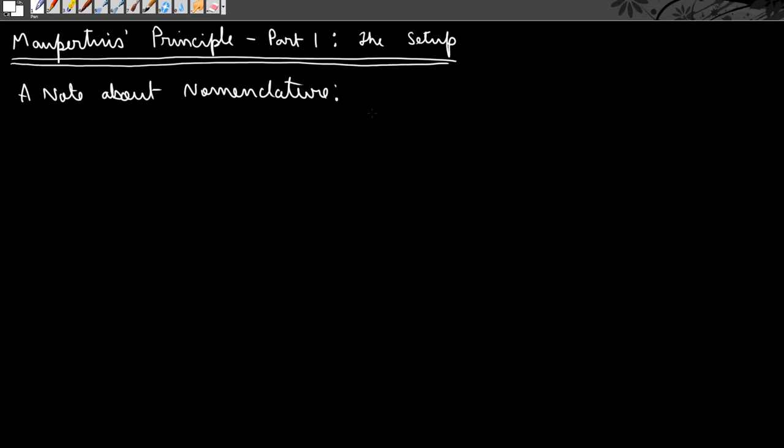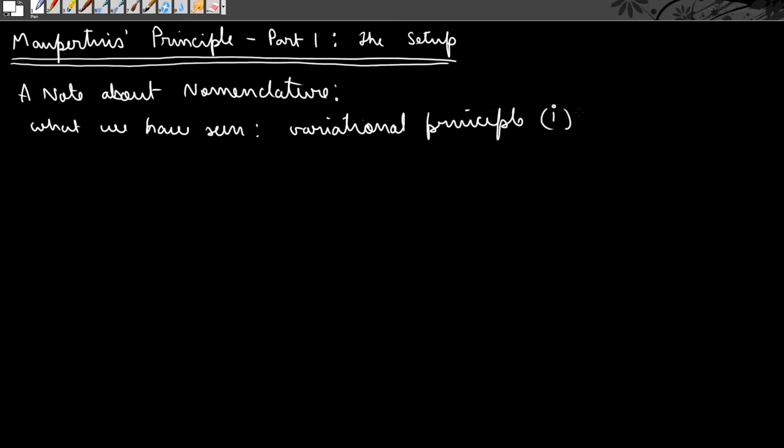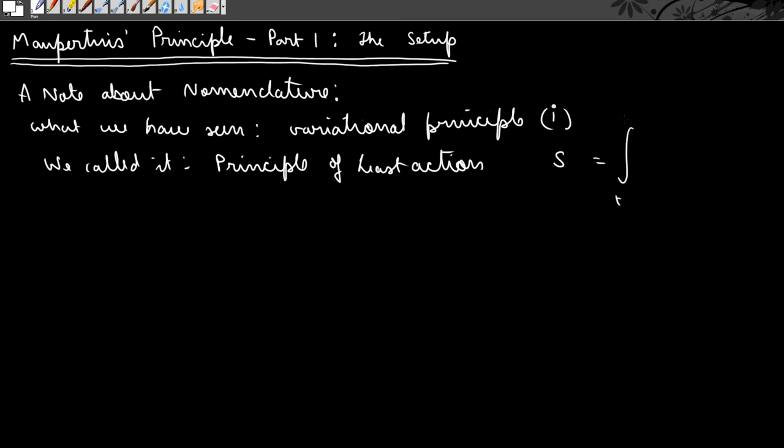What we have seen so far, I'm going to call variational principle 1, and this is what we saw in one of the earlier lectures, which we called the principle of least action, where we define the action as the integral over t1 to t2 of the Lagrangian times dt.